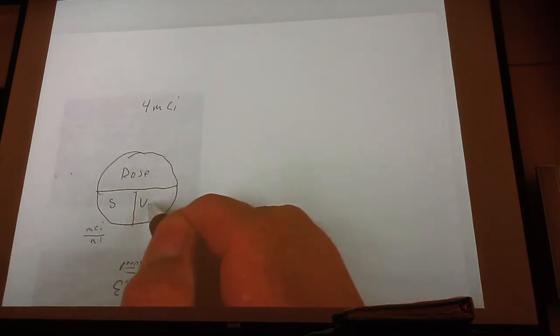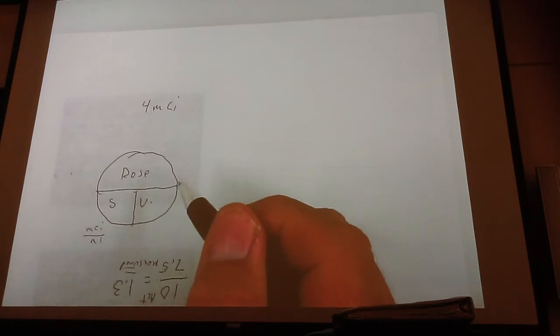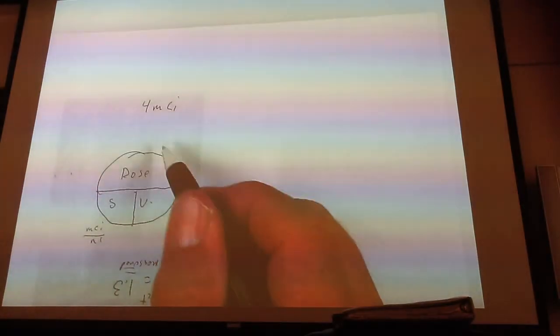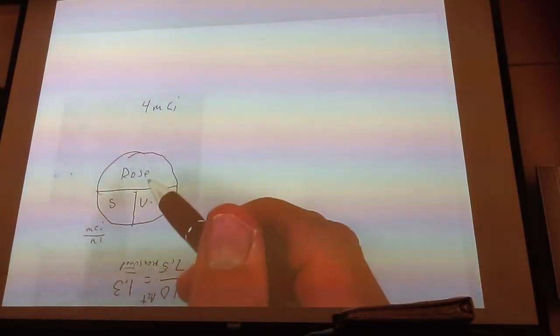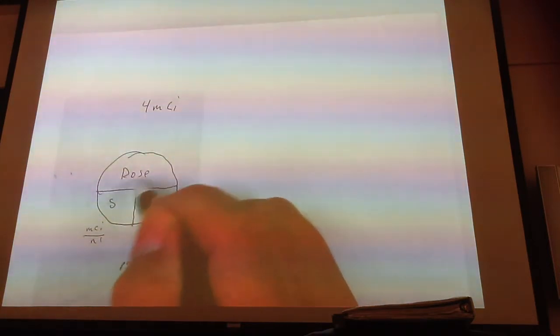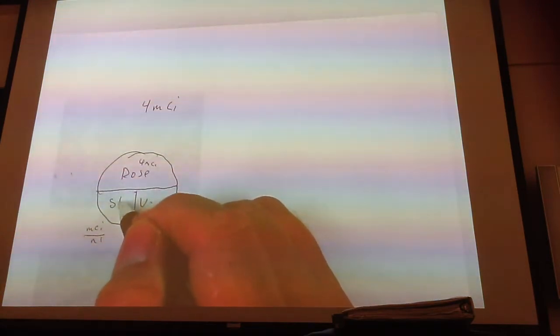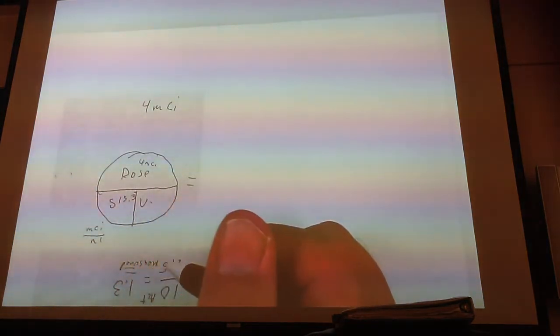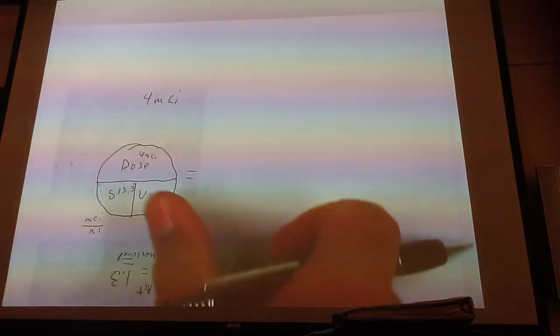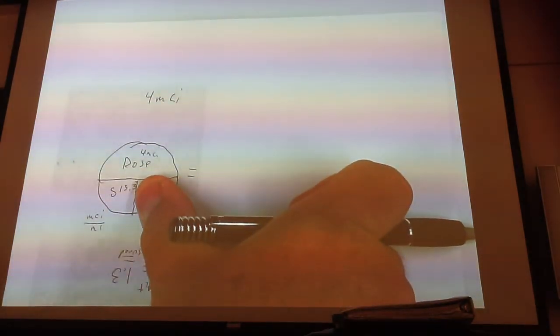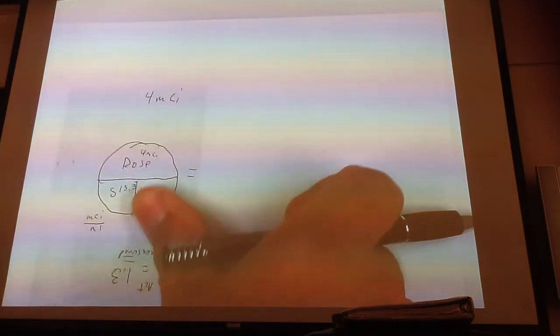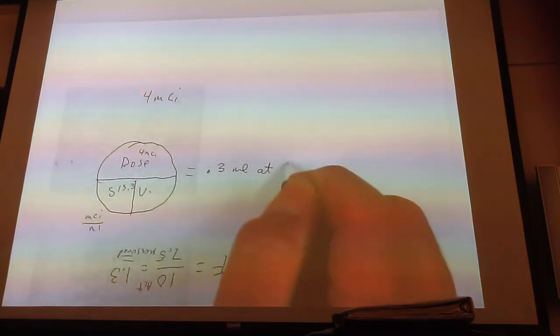We want to know the volume that is going to give us 150,000 particles. So we have 4 millicuries and we have 13.3 here. So 4 into 13.3 is going to be what? How many ml? Divide. Normally if you cover up the volume here, I have 4 divided by 13.3, which is 0.3. So 0.3 ml at 8 a.m.